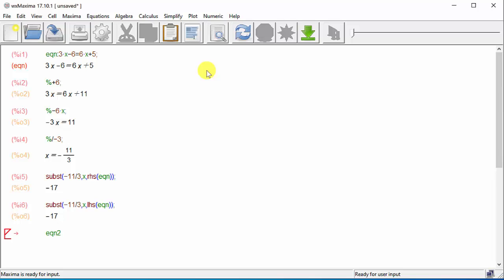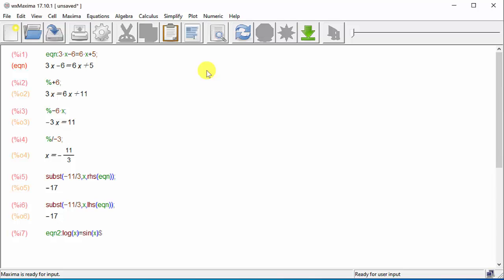We'll call this equation 2, and that is going to be log x equals sine x. All right, so there's equation 2, log x equal sine x.